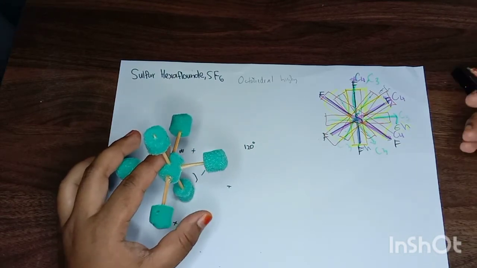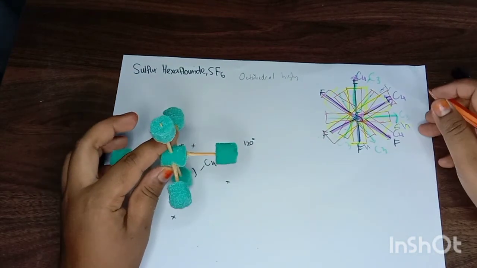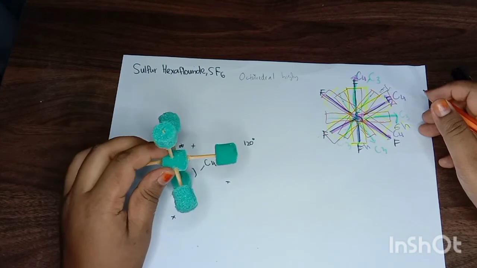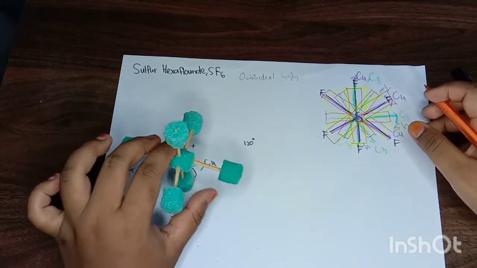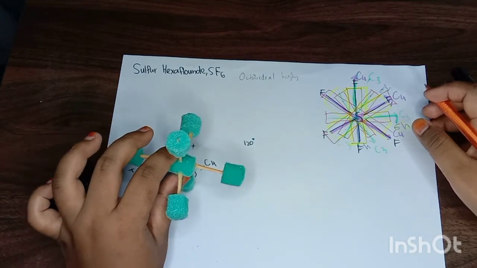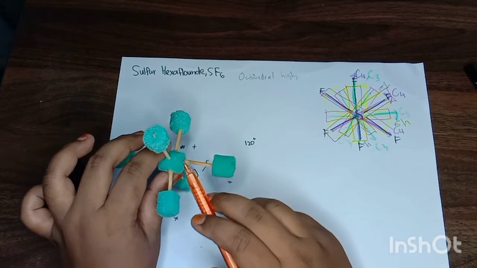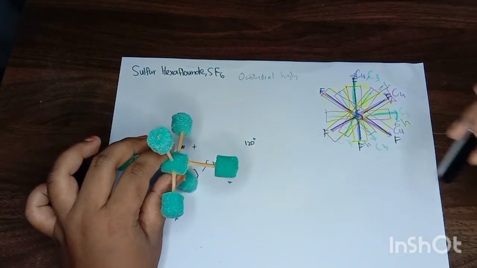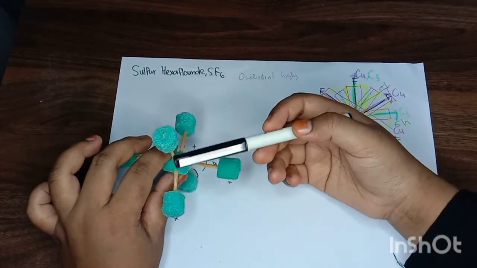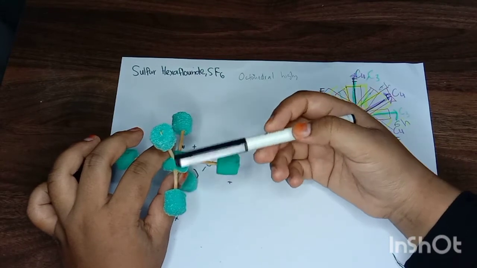Now we need to find the point of symmetry. We want to know if this molecule has a point of symmetry. Let's say that the sulfur is our point of symmetry. If we invert this fluorine to here, we get the same fluorine.